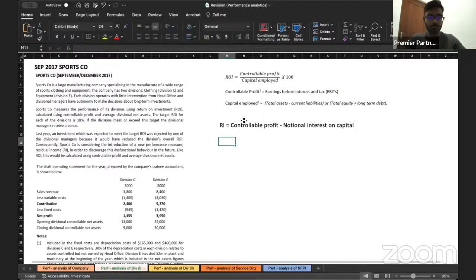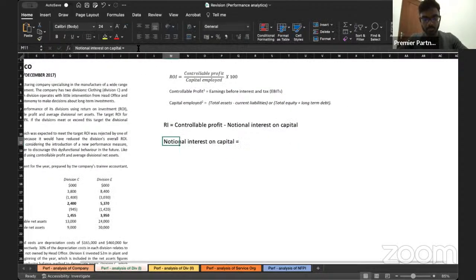So how do you calculate notional interest on capital? Notional interest on capital is capital employed multiplied by the cost of capital.